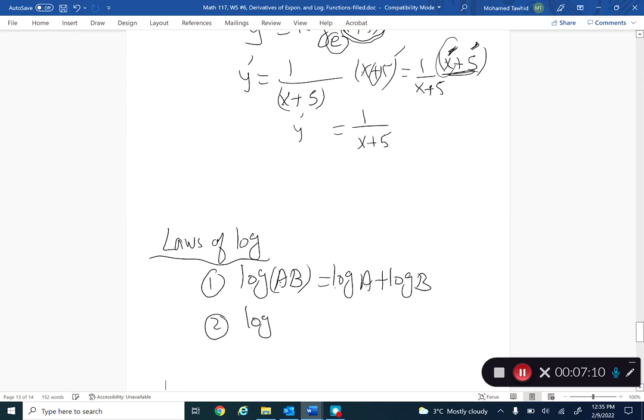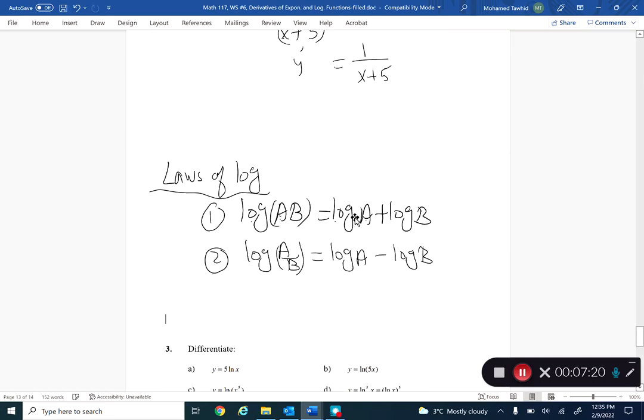The second rule: a over b, then it will be log a minus log b, right? What is the third one? The third one is the one I'm going to use. If you have log of a to the power r, that is an exponent, then you can take r and put it in front, so it will be r log a.